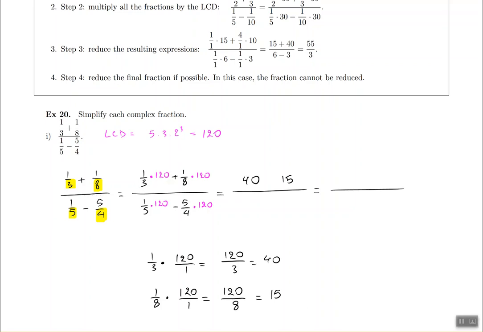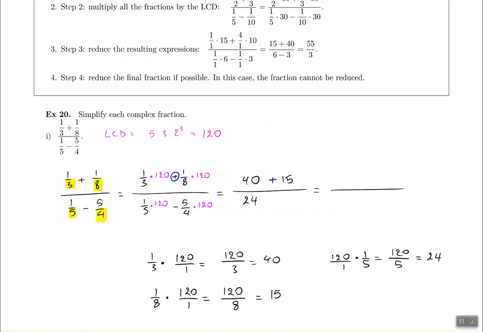Now keep in mind that between the 2 fractions there was a plus sign, so just go ahead and write down the plus sign again. Repeat the same thing for 120 divided by 5: 120 multiplied by 1 over 5 is the same thing as 120 over 1 times 1 over 5, which gives us 24.